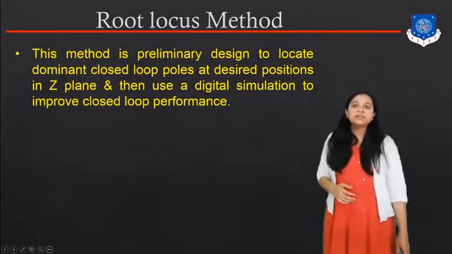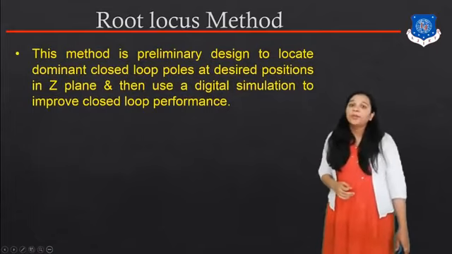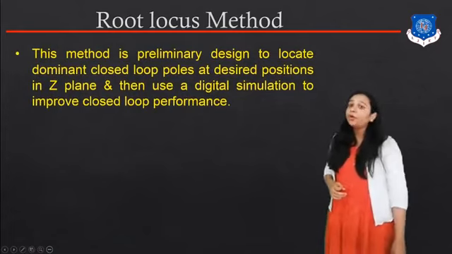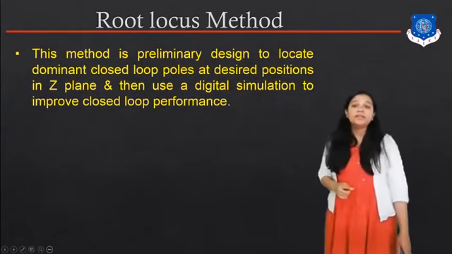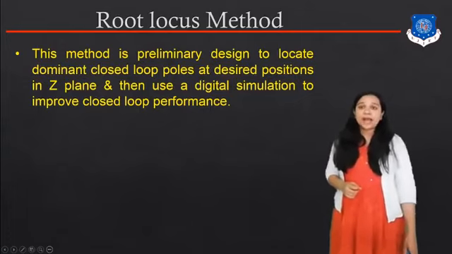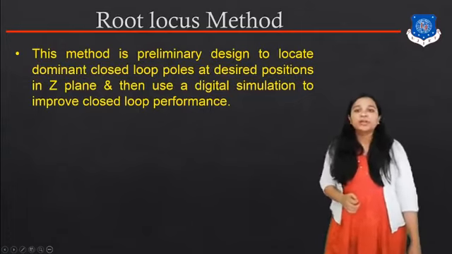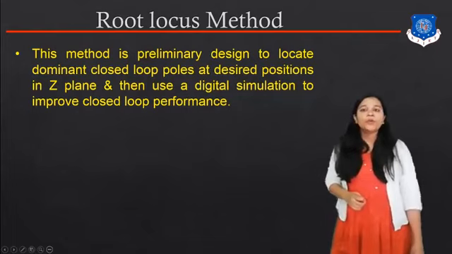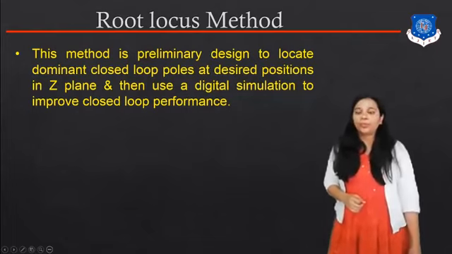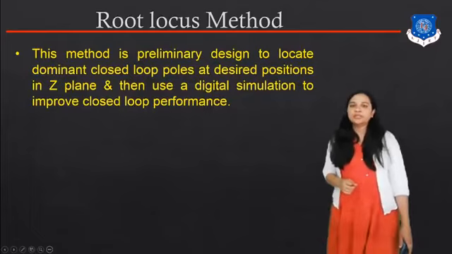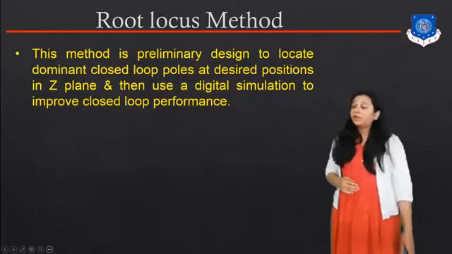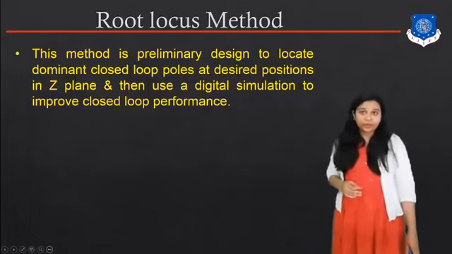Root Locus method. This method is primarily designed to locate the dominant closed loop pole at the desired position in the Z plane and then use a digital simulation to improve closed loop performance. So generally, we use the Root Locus method to locate the dominant closed loop poles.